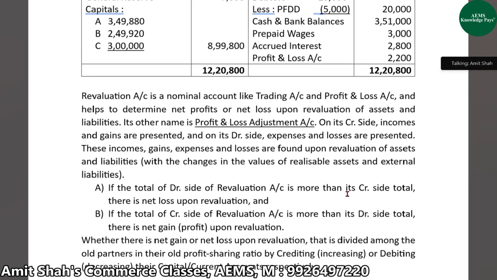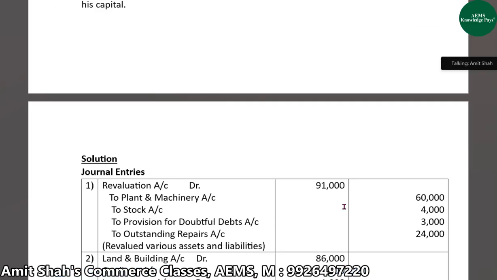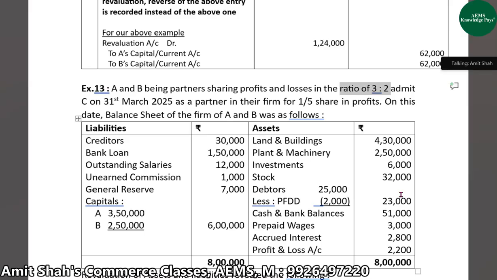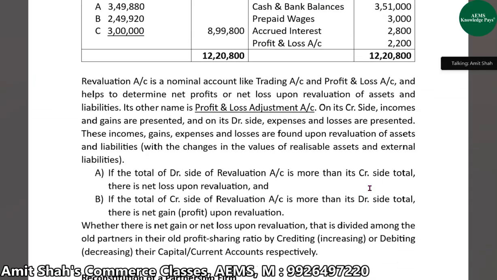So here what has happened? Because of C's admission, for sure the profit sharing ratio of A and B has changed. Now it will not remain 3 is to 2 for sure. Correct? And that change means change in their partnership deed, and that is reconstitution of a firm.